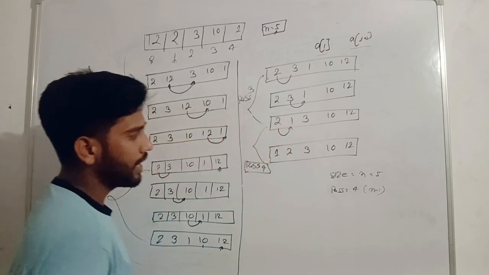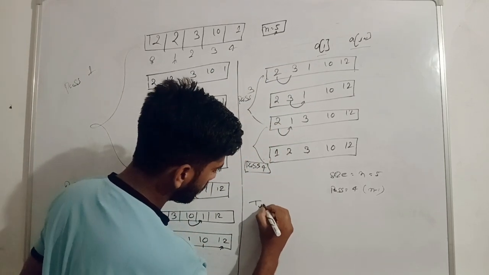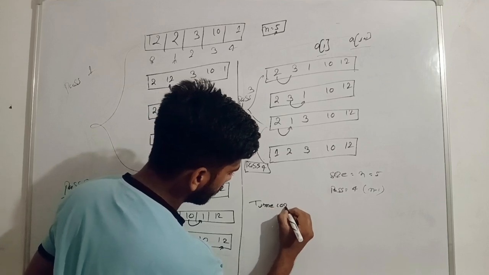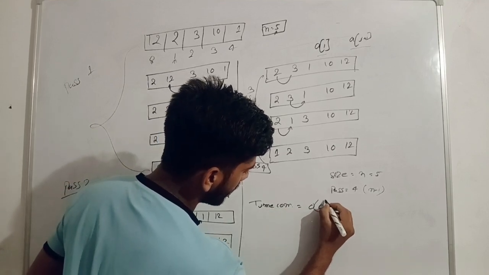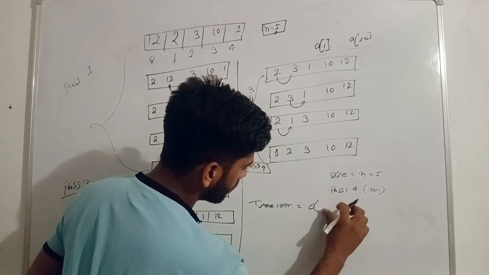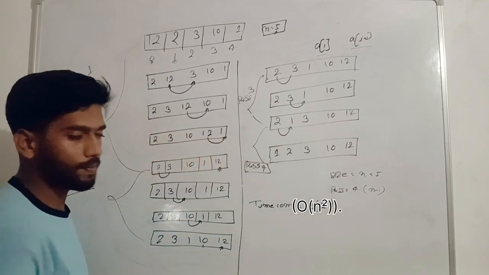Then the time complexity of the bubble sort is order of n square. Okay, this is the time complexity.